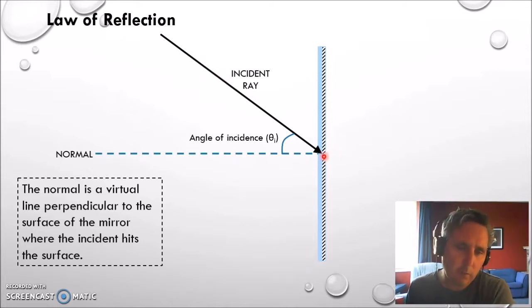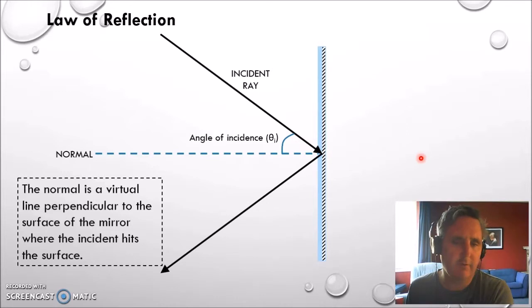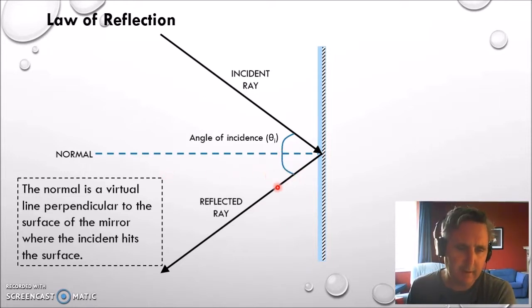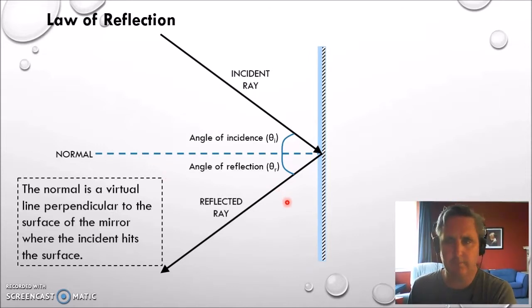Right, let's draw what happens to this light once it hits the boundary. It reflects off and produces this ray called the reflected ray. Then we can draw another angle, and this angle is called the angle of reflection. This leads to maybe one of the most important laws to do with light and mirrors, the law of reflection.